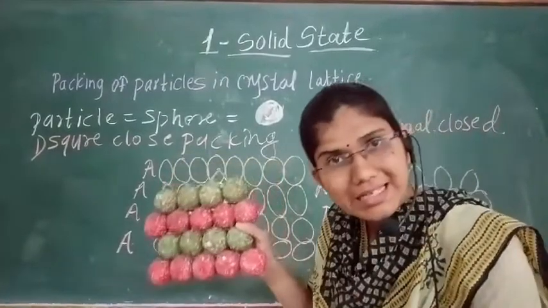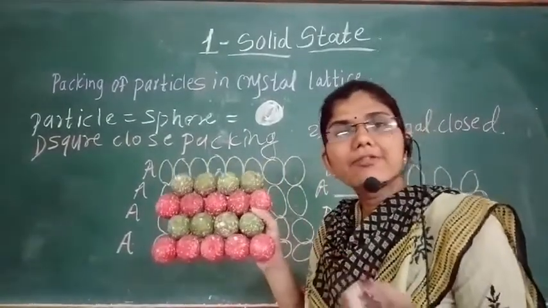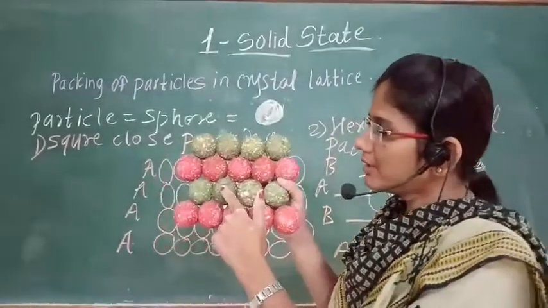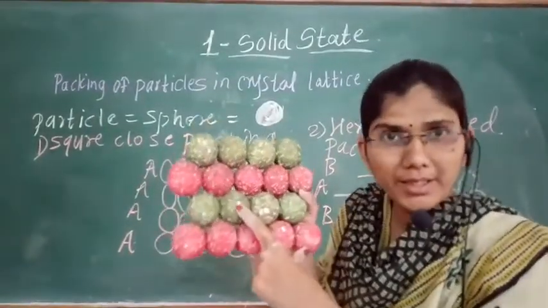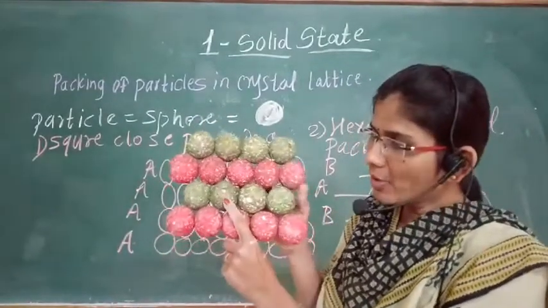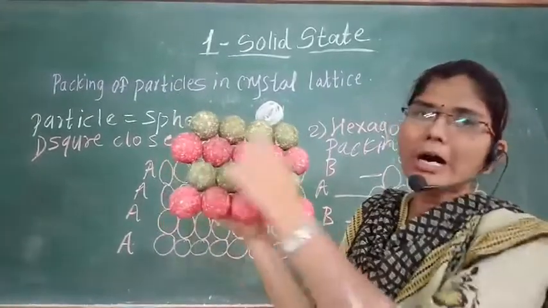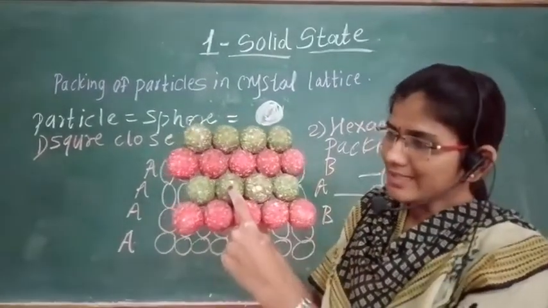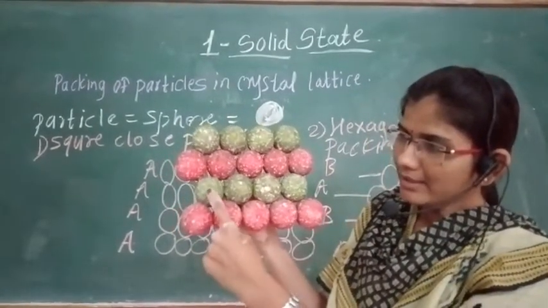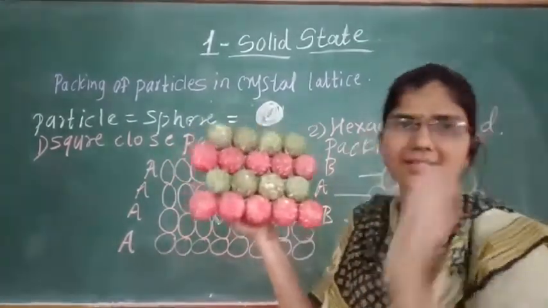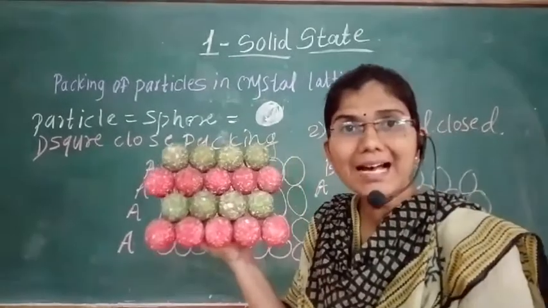Why is it called hexagonal? Because if we see the coordination number of any one of the spheres, coordination number means this single sphere is attached to how many spheres? It is attached to 1, 2, 3, 4, 5, 6. Six means hexagon.